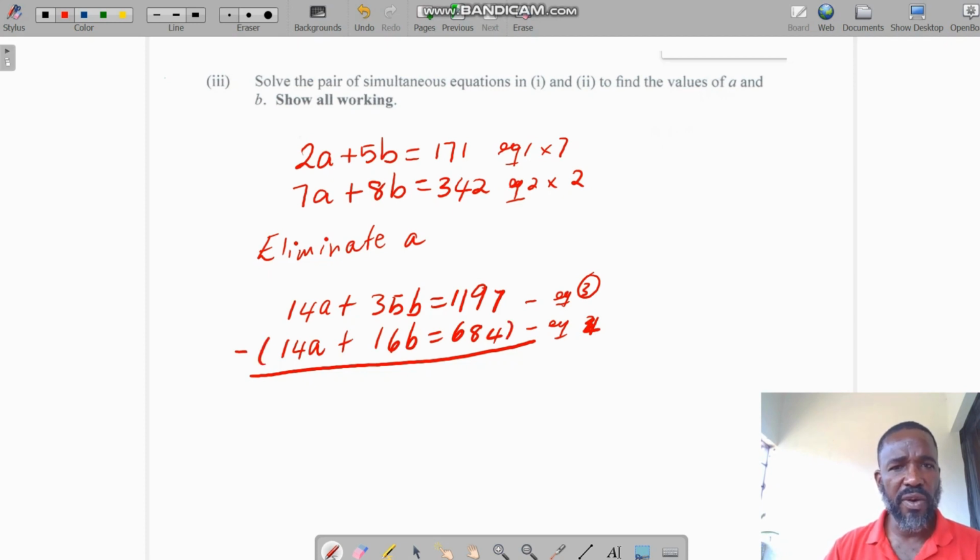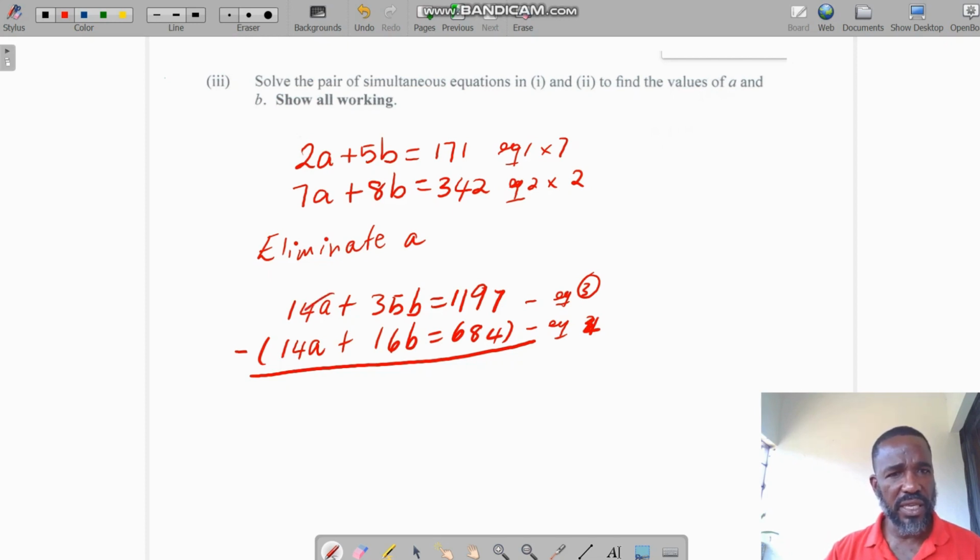Remember, whenever we are subtracting, we put these two brackets to ensure that the subtraction is for all the elements in the equation. So 14a minus 14a will give us 0.